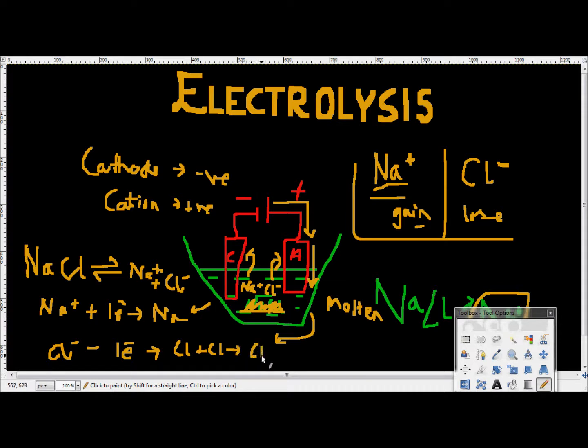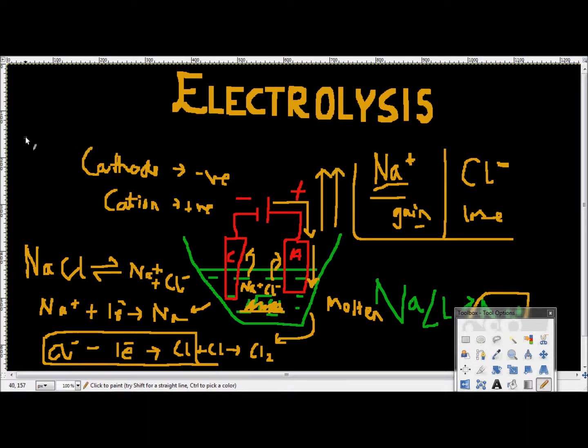So just imagine that once this reaction takes place at the anode, you have loads of Cl just sitting around doing nothing. So all of them pair up and form Cl2, which is its natural state. And then of course they're all released up over here. So that's all there really is.